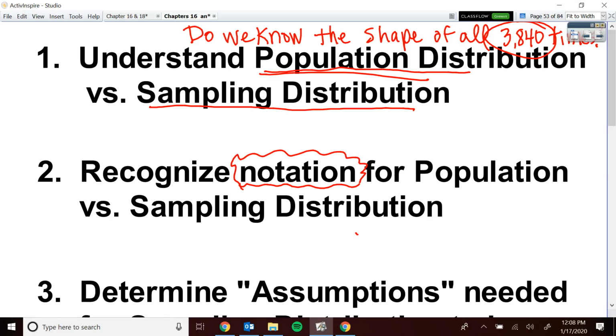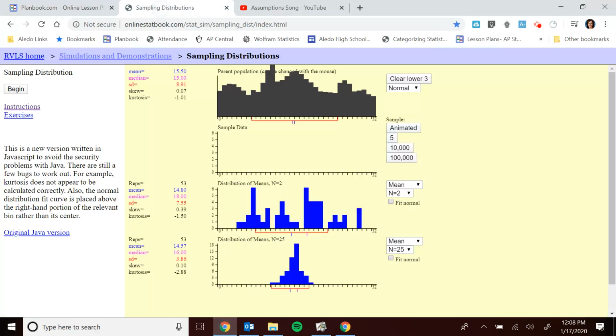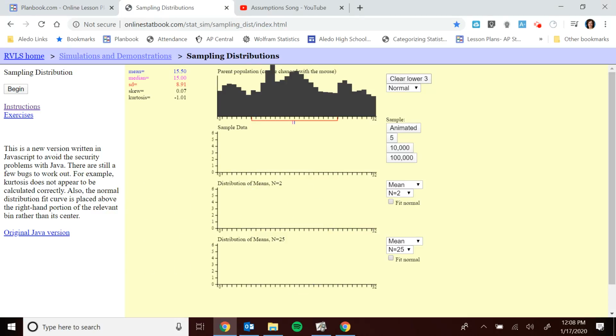Those 3,840 times that my students tried. Do we know the shape of those 3,840 individual times? Did we graph all of the times individually? No, we did not.